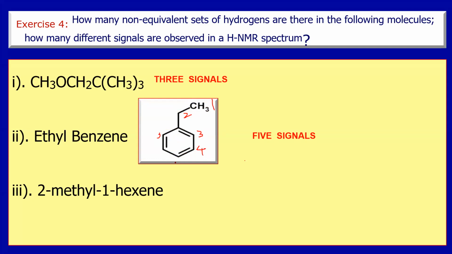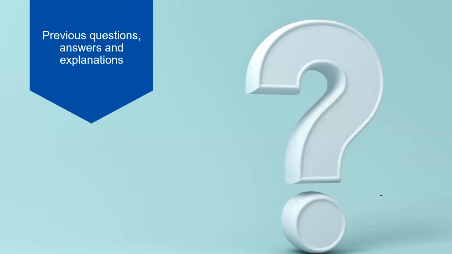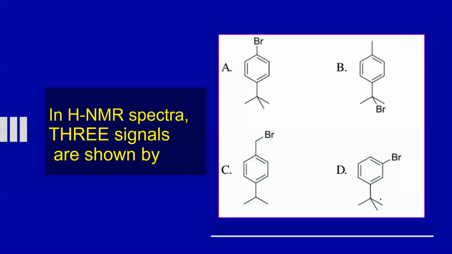Fourth signal, fifth signal. So here 1 diastereotopic, so therefore different 2, 3, 4, 5, 6, 7 signals. So it will require a little exercise to get the information. So 7 signals, right? Now let us look at some previous questions.